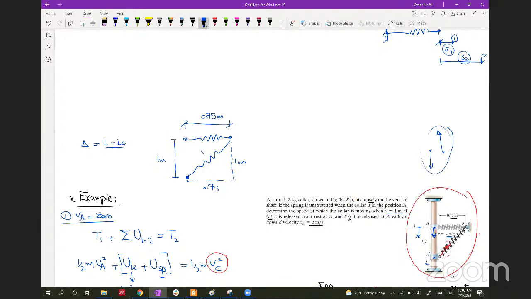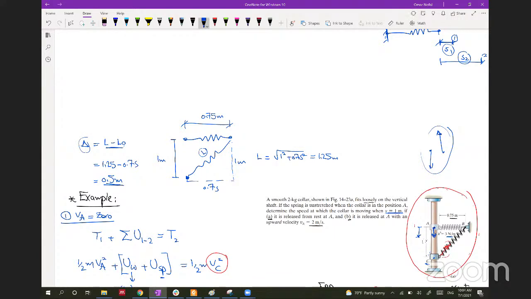So you can get the L of the spring at position 2. L of the spring at position 2 will be equal to root of 1 squared plus 0.75 squared, and this will give you 1.25 meter. So you know the final L and the initial L. This will be equal to 1.25 minus 0.75, which gives you 0.5 meter. So this is the delta that happened in the spring.